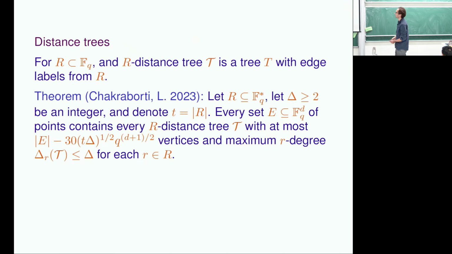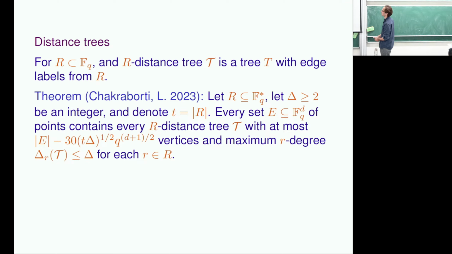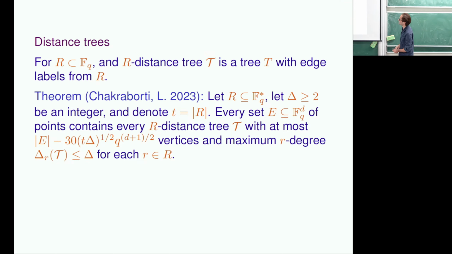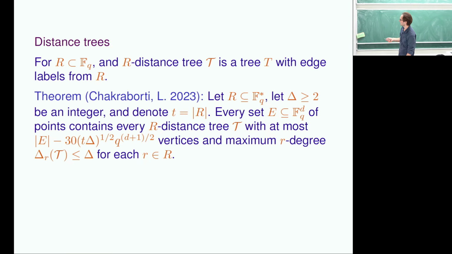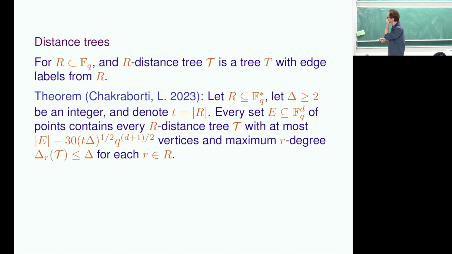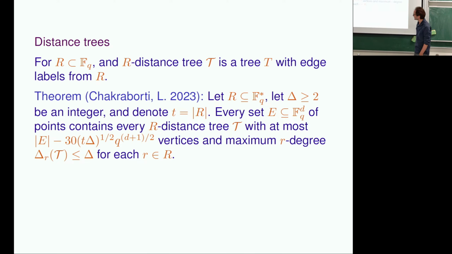Suppose that you have a subset R of the non-zero elements of F_q, and delta is an integer. Then every set of points E contains every R distance tree with at most the cardinality of E minus this thing here.